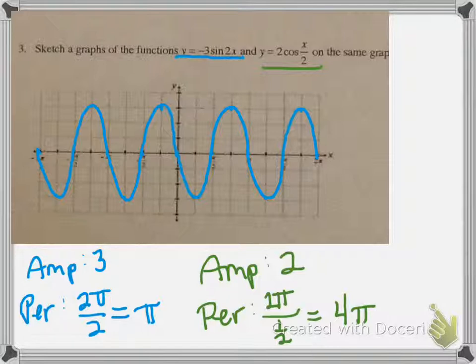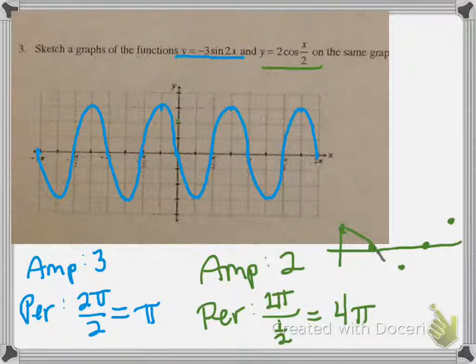A cosine graph starts off the origin, so it's going to start right here at 0, 2, as its first point. So let's think of a graph like this. If its first point is off the origin here, and then it's got another one at the 0, then it goes down, then it goes back to 0, then it goes back up, and it finishes.